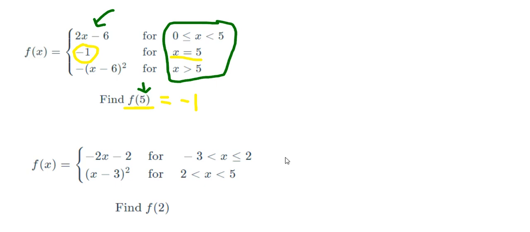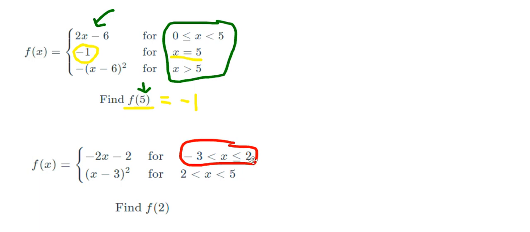All right, so this one says find f of 2. So first, our first job is to decide, well, where does 2 fall? It's going to fall with these parameters. So x is stuck between, it looks like it's greater than negative 3, but it's less than or equal to 2.